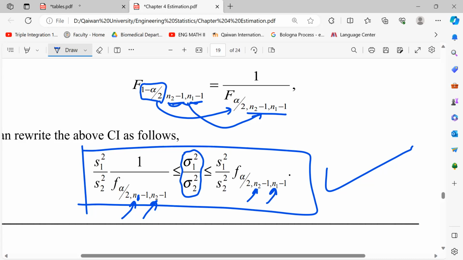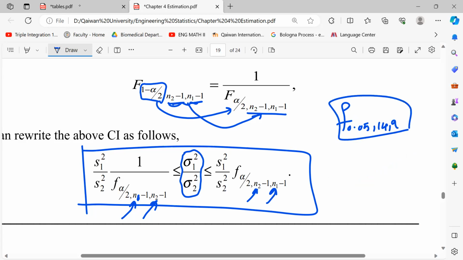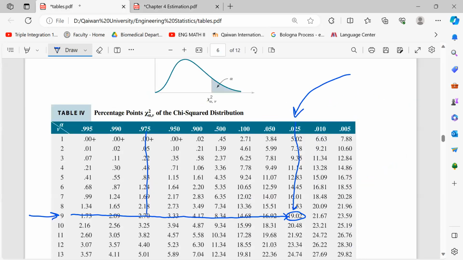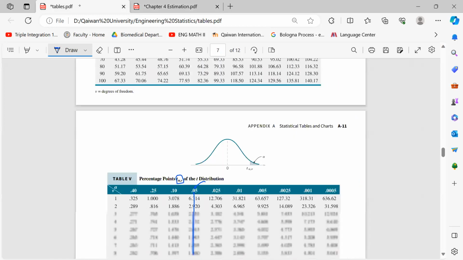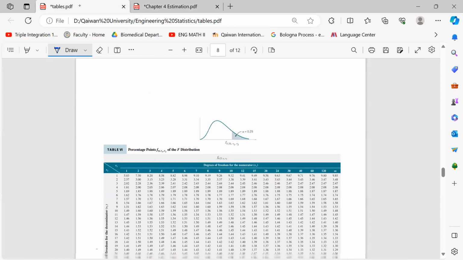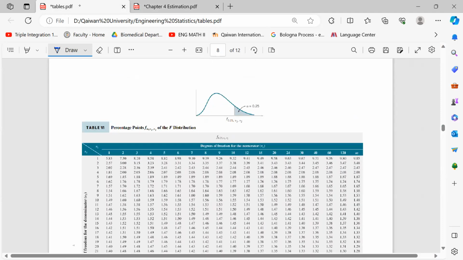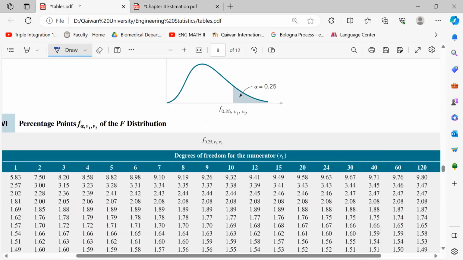Let's take an example to find it from the F table. Let's say we have f of 0.05, 14 and 9. Let's look for this in the F table. We have I think 4 to 5 tables for F. This one is F of 0.25, V1, V2.